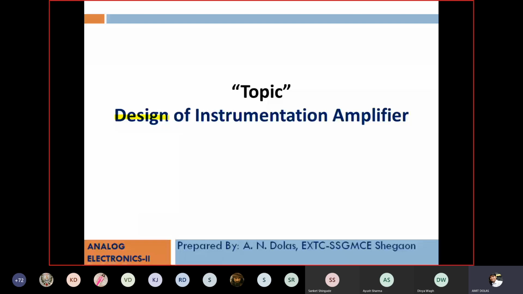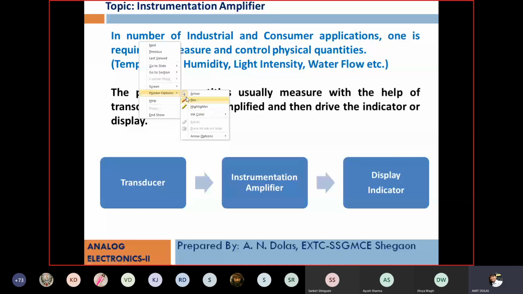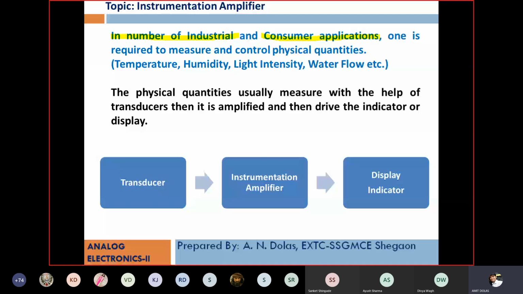Now instrumentation amplifier, wherever there is an instrument to measure a physical quantity, there is an instrumentation amplifier for driving an indicator or display. So in a number of industrial as well as consumer applications, one is required to measure and control physical quantities like temperature, humidity, light intensity, water flow, etc. Pressure as well.